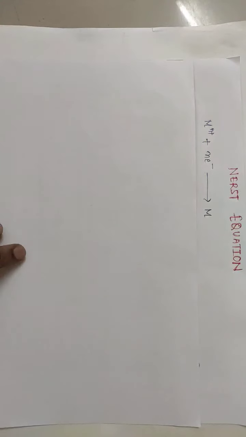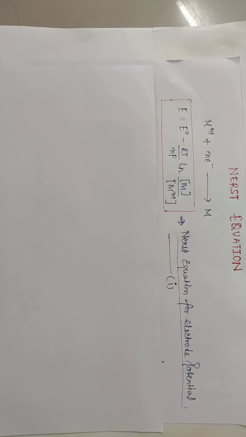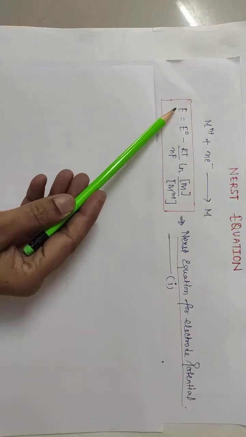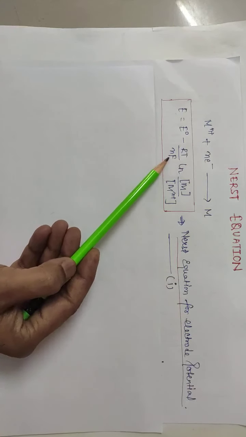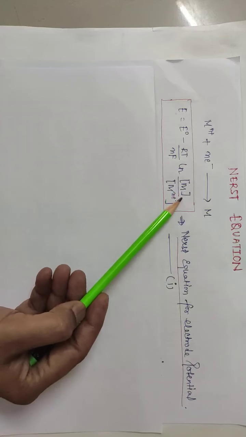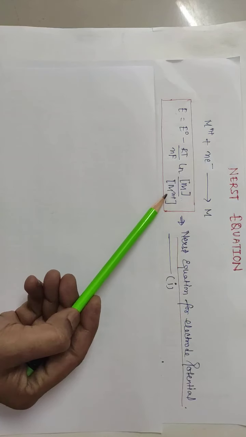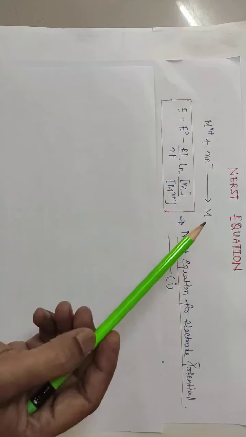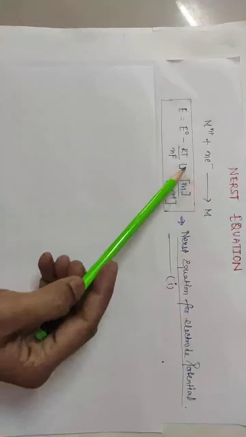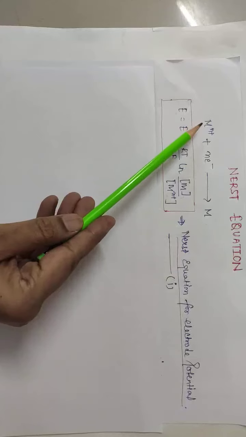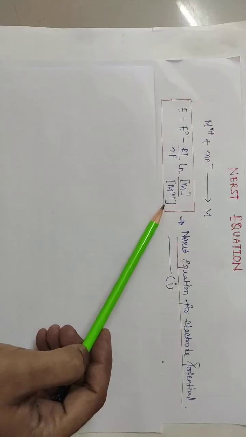So for this equation, the Nernst equation can be written as: electrode potential E is equal to E naught minus RT upon nF ln of the molar concentration of M upon Mn+. That is, the species on the right hand side is above and the species on the left hand side of the equation is below.